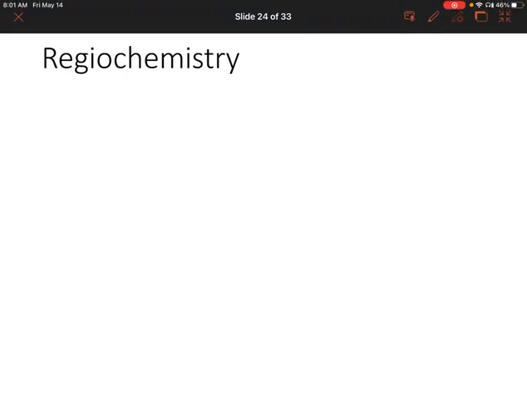So, for instance, let's say that we have that same amine, but this time we're showing the stereochemistry. So we'll draw the amine as a wedge here. And we're going to, again, over-alkylate our amine.